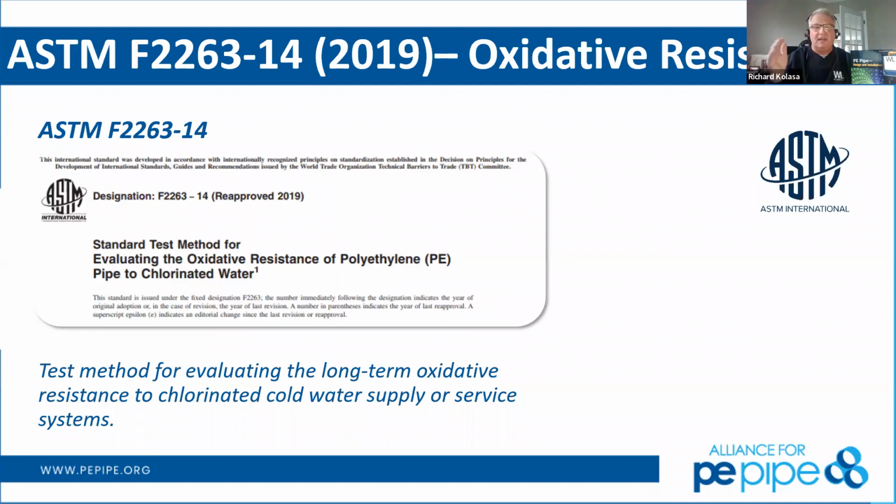And that's a different level of oxidative resistance that these oxidative disinfectants have on anything. It could be any type of material, not just polyethylene. But we really now understand how it truly affects our products today, and they're related directly to the slow crack growth performance of those generations of polyethylenes.